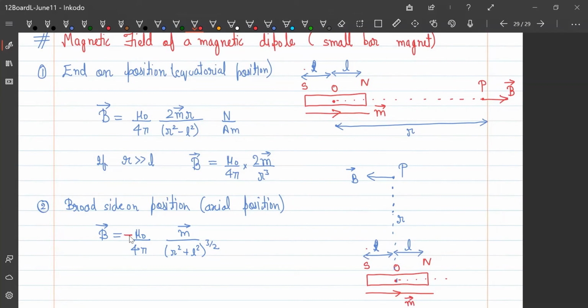So I'll put a negative sign here. Newton per ampere meter is the SI unit. And if r is much greater than l, B vector will be just minus mu naught by 4 pi, m vector upon r cube for the axial position.